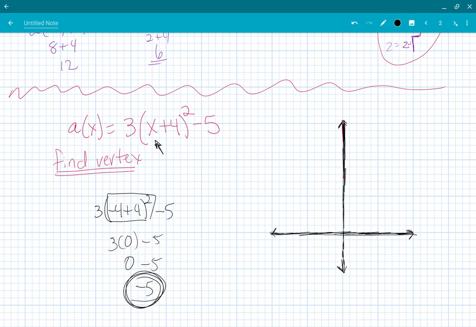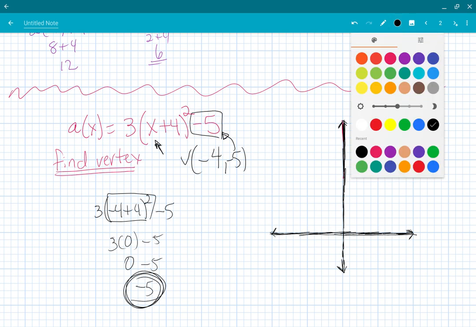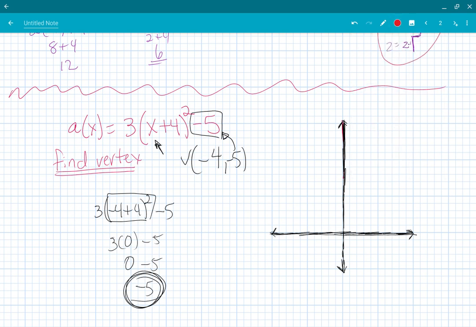All right, so Van, the vertex is actually -4, -5. This number survives when you plug in a -4. So -4, -5 down here.